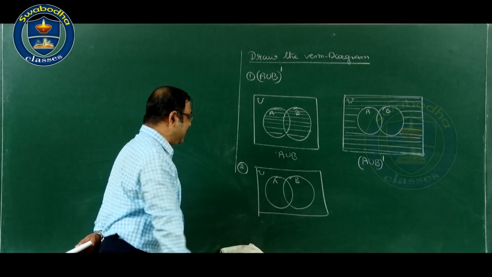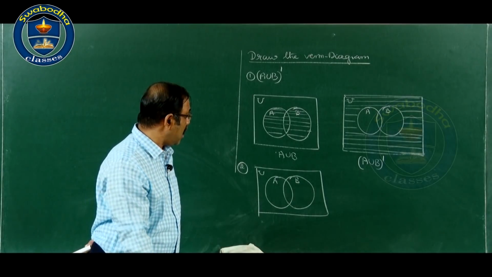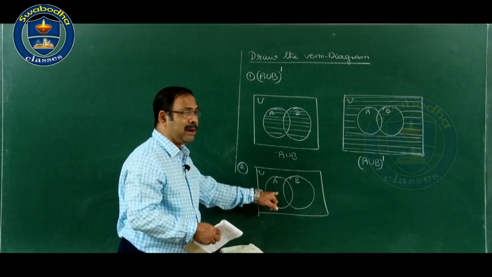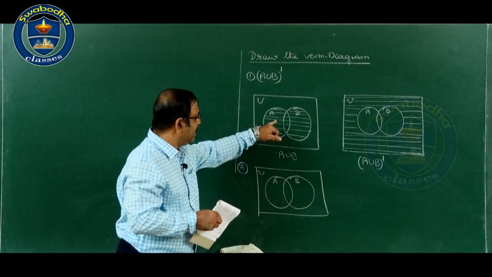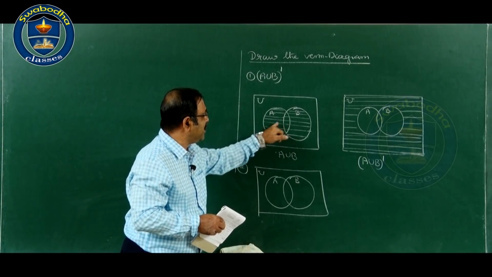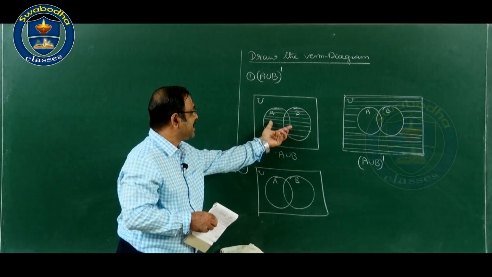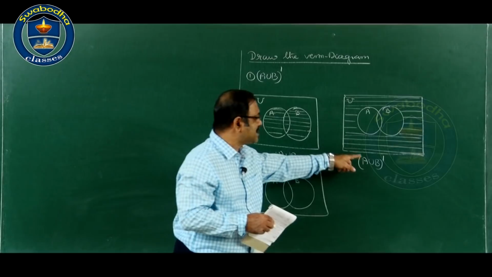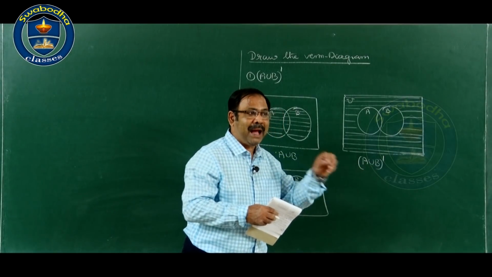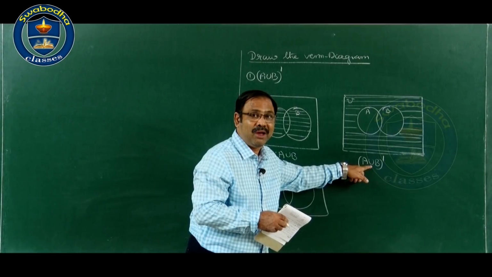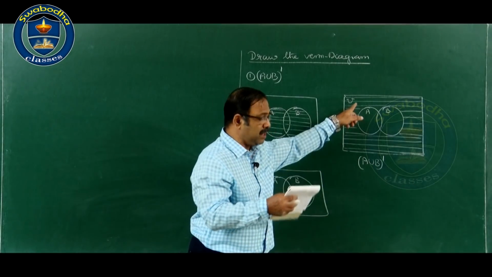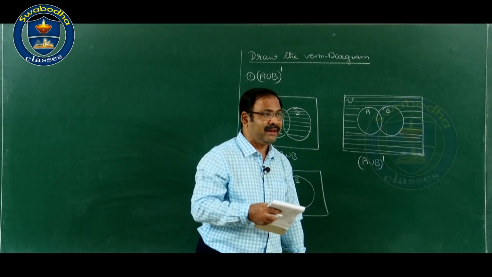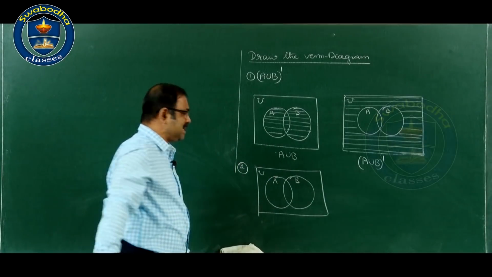Elements which are present in U but not present in A. See, here A union B, this shaded portion you can find out because it includes all the elements of A and B. Whereas A union B complement, by definition, is all those elements which are present in U but not present in A union B. So tell me, what is A complement?